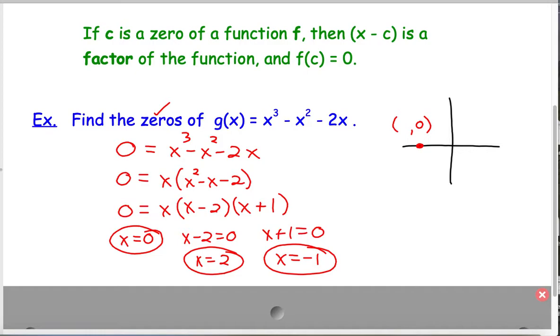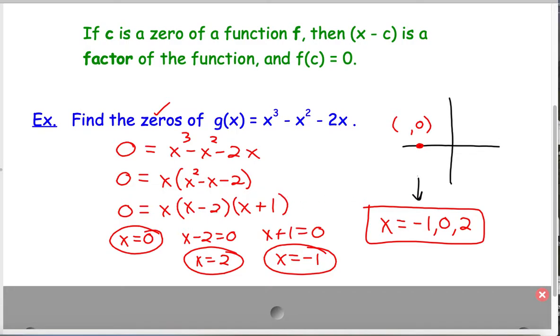And if you list it, by the way, if you just wrote them all like this, that would be fine as well. Those are all the zeros. So notice, x equals 2 is a zero of this function. That means that x minus 2 has to be one of the factors.